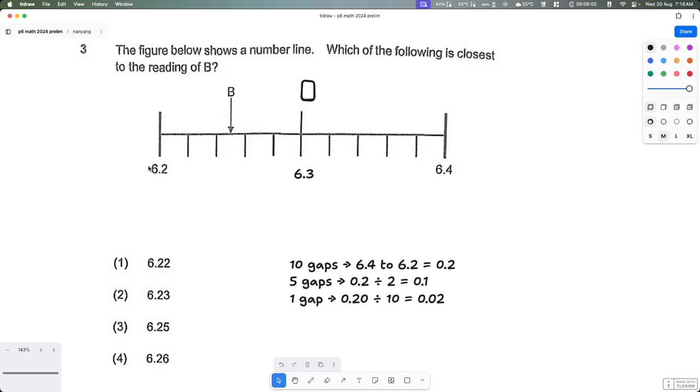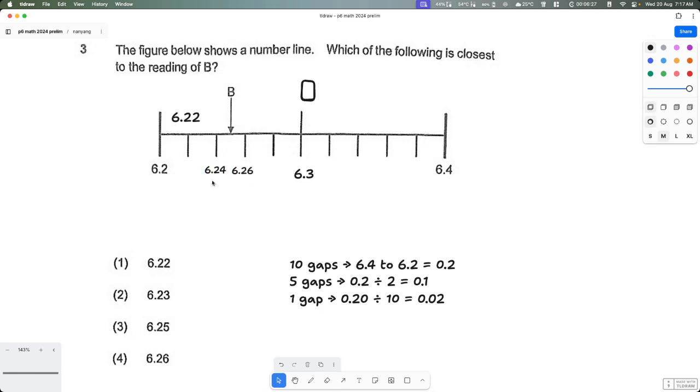So now we know that from here to 6.3, it will be 6.22, then 6.23, okay, and then we have 6.24. It's 6.24, sorry, not 23, 24, then 26. Okay, so let me make this a little bit smaller.